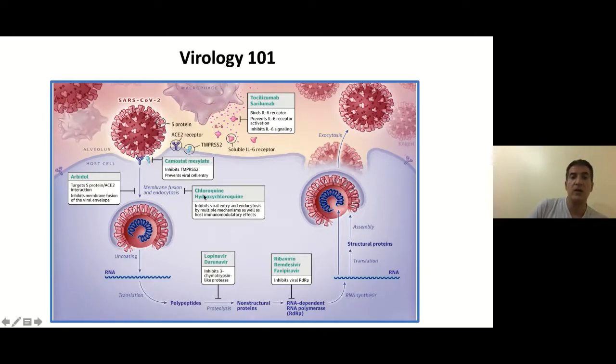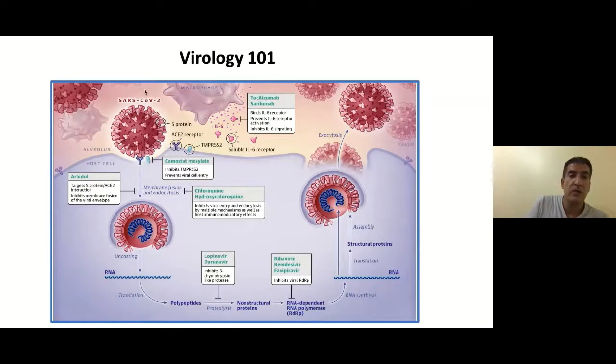We can draw several clinical implications from this basic science. First, let's talk about the ACE2 receptor. We know that the ACE2 receptor is abundantly expressed in the respiratory system, GI tract, and endothelium. That can explain the tendency of this virus to cause severe pneumonia, GI symptoms, and vascular thrombosis.